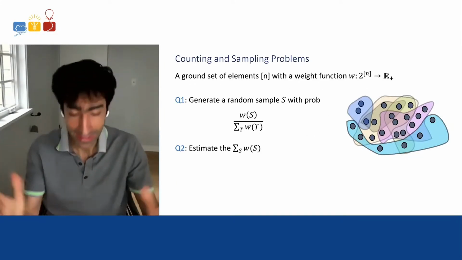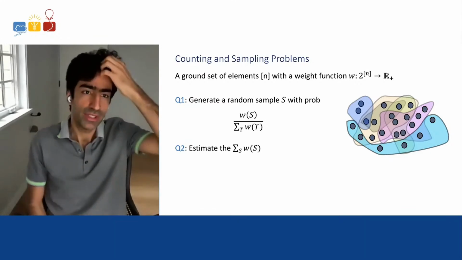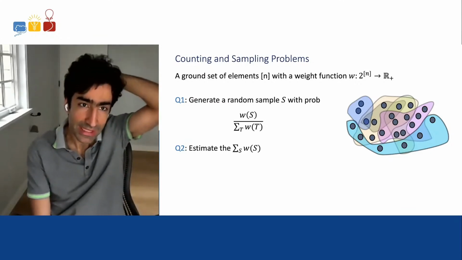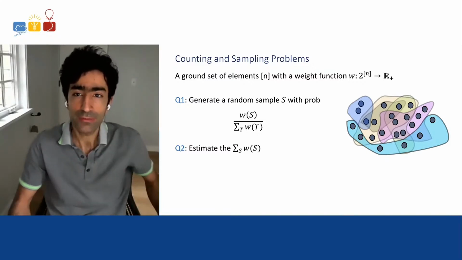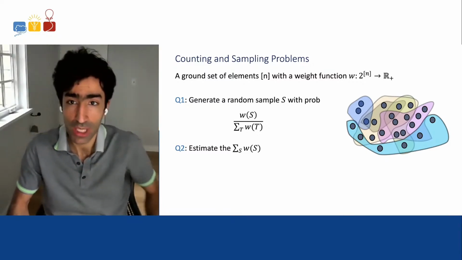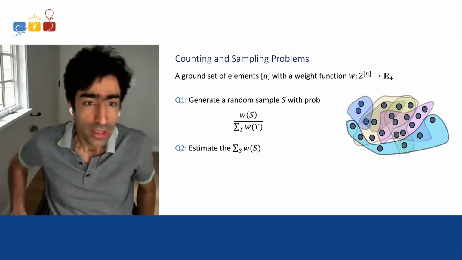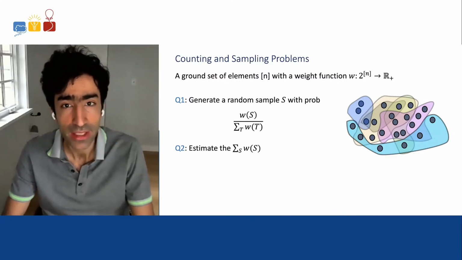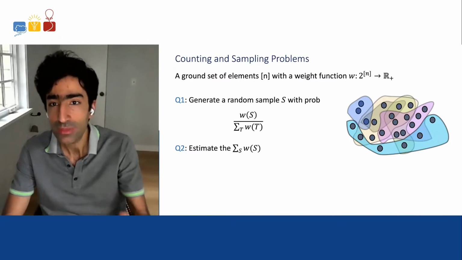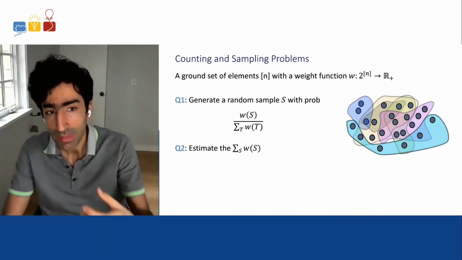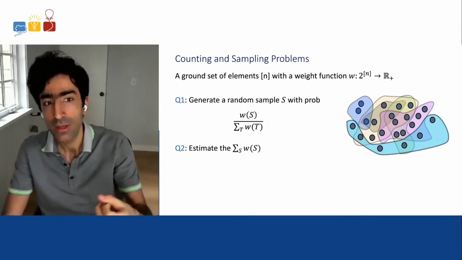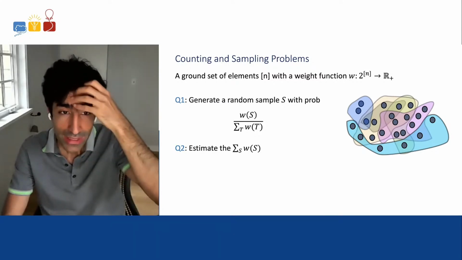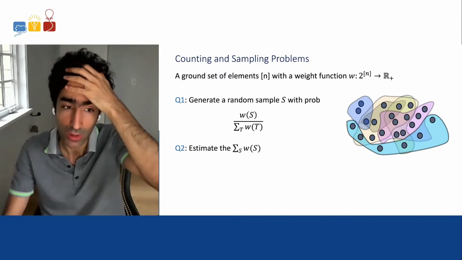Let me tell you the context that this talk is about. Let's say you have a ground set of n elements, and you assign a non-negative weight function to subsets, to the 2 to the n subsets. You want to generate a random sample with probability proportional to these weights, meaning that the probability of S should be the weight of S over the summation of the weights of all of the sets.